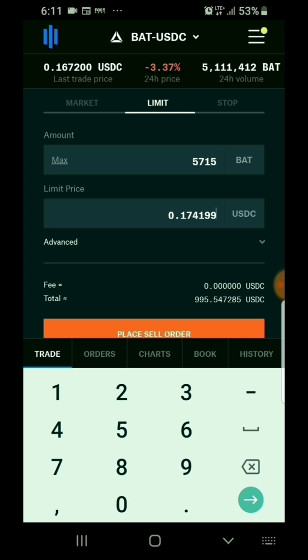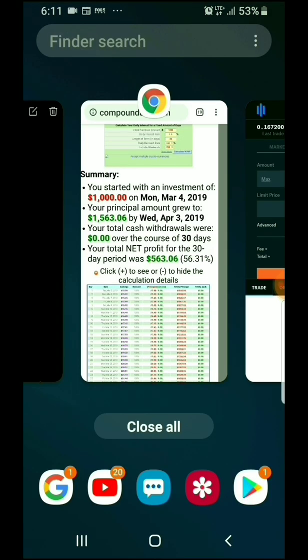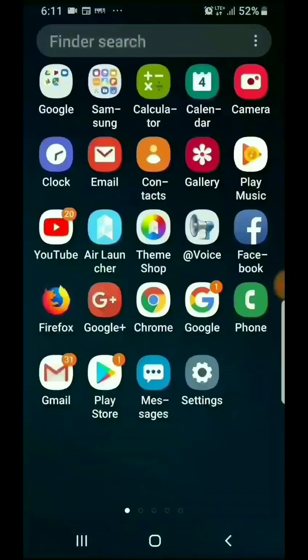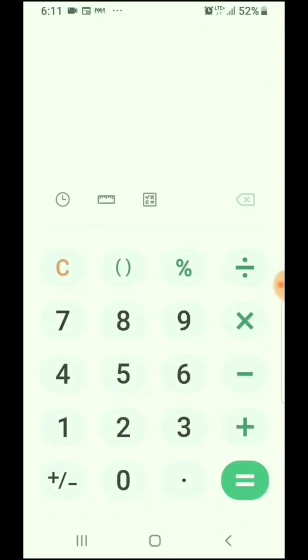Now I'm going to go to my calculator and see what the percentage would be, because I bought it at 0.1698888. Actually, I'm going to take the point out because it'll be the same thing.